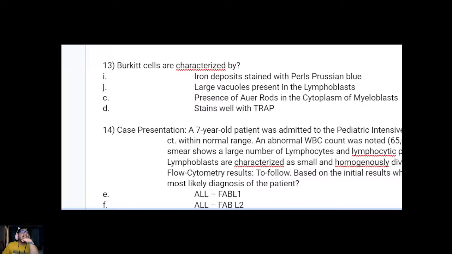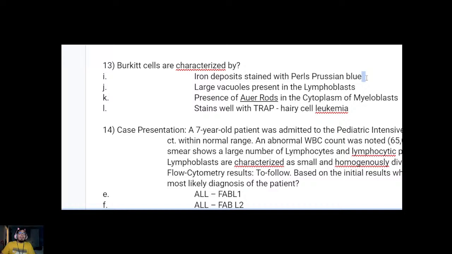Burkitt cells are characterized by iron deposits stained with Pearl's Prussian blue, large vacuoles present in the lymphoblasts, presence of Auer rods in the cytoplasm, stains well with TRAP. I've mentioned earlier this is for hairy cell leukemia. This is for Auer rods. Auer rods is an indication of something else.